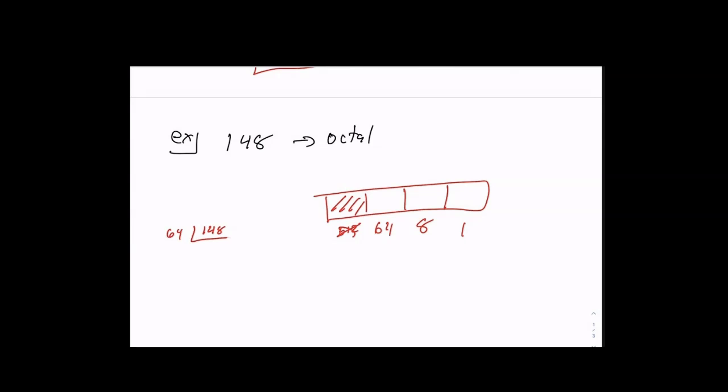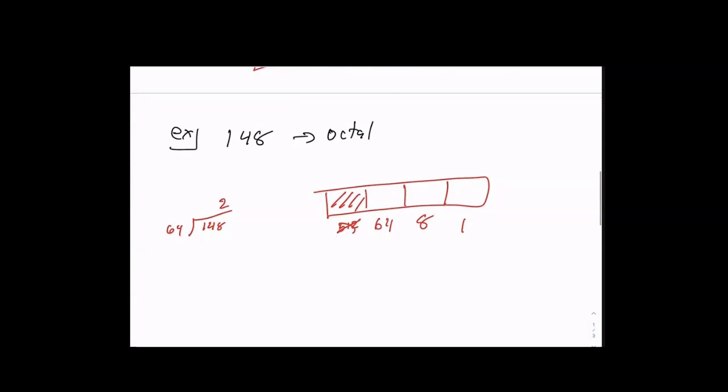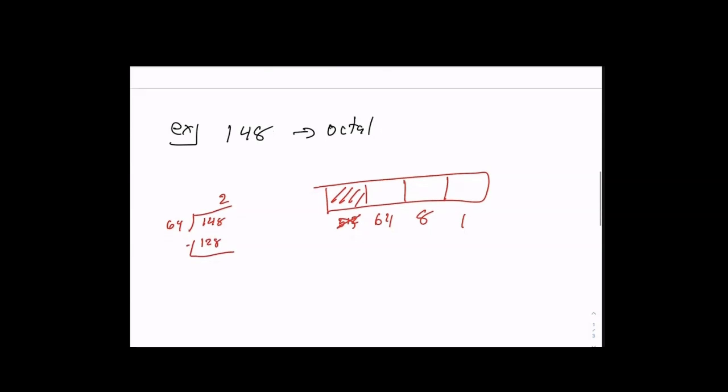It'd be 2 times. 2 times 64 gives me 128. We're going to subtract that, and that gives me 20. So that means 2 goes right there.